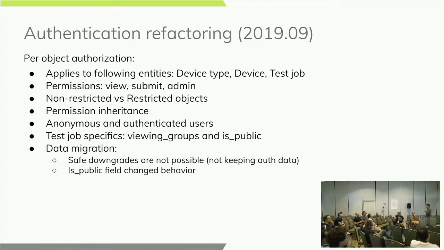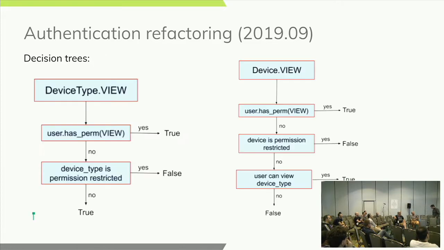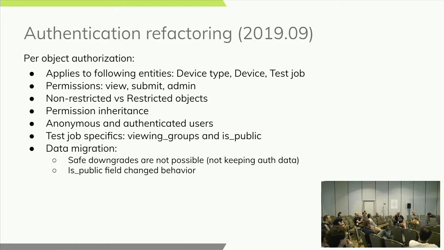I will leave Stefan to explain the authentication refactoring. Okay, so what we did was basically refactor the authorization system in Lava. Let's just say the old system wasn't scalable.